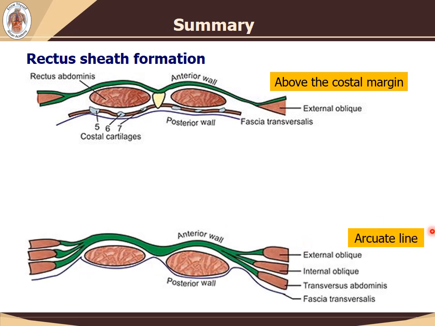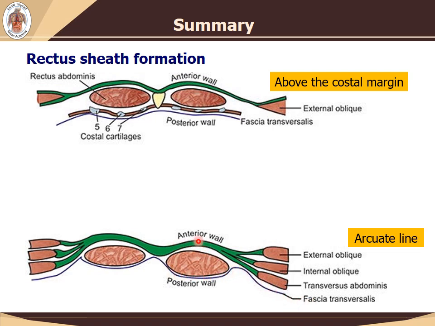Below the arcuate line, meaning the level of the anterior superior iliac spine, all the three flat muscles, external, internal, and transversus abdominis, fuse together to form the anterior layer, and in the posterior layer there is no aponeurosis. The muscle directly rests on the fascia transversalis.